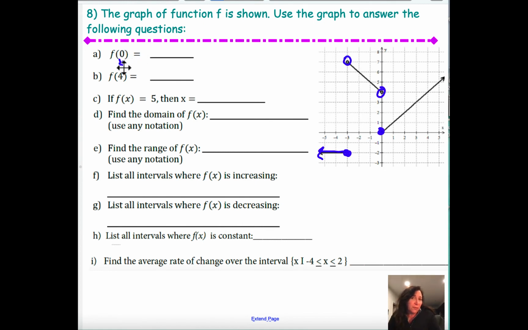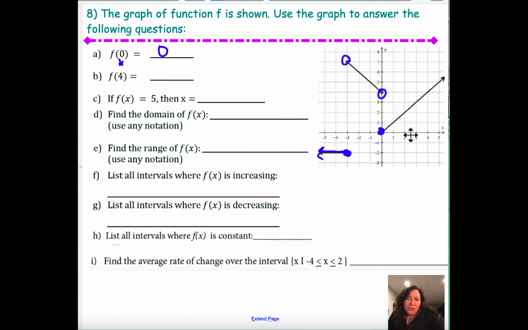So where is x 0? What's happening at 0? This is (0, 0). It's not (0, 4) because there's no value there. It's an open circle. That was open and that's open. They're both open.